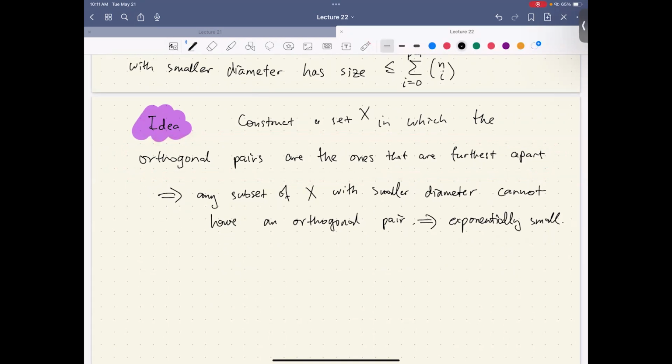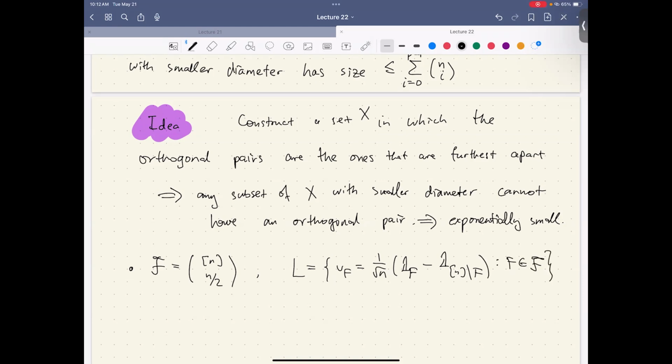All right, so proof. Let's try a little bit. Again, F ranges over all the half sets, and consider the vector v_F to be the normalized unit vector 1_F minus its complement, the same thing as in the previous one.